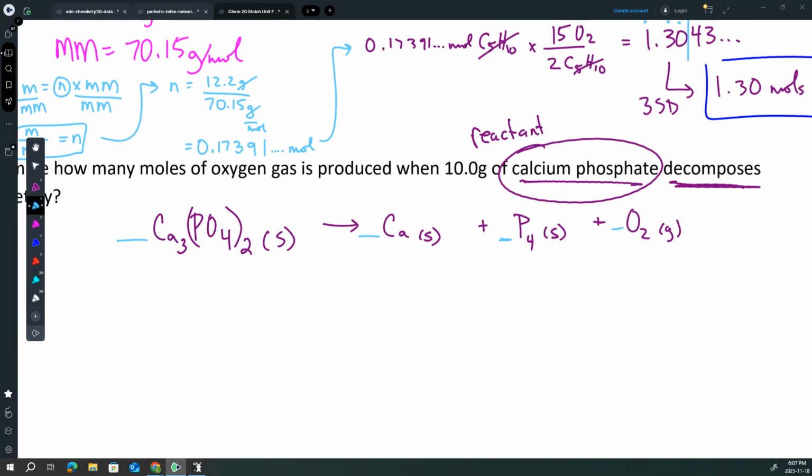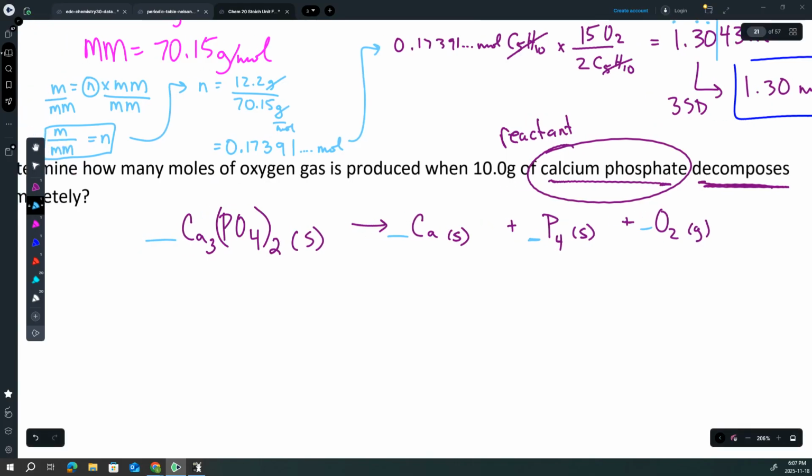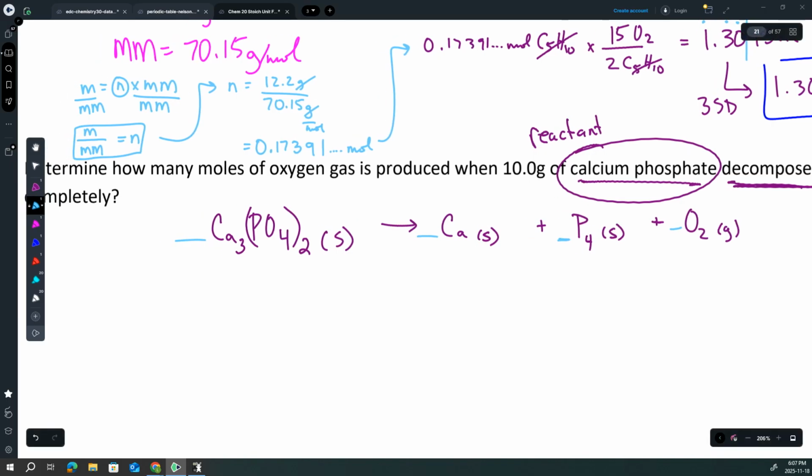Let's balance this. Okay, I'm thinking that perhaps phosphate or oxygen is probably going to be the more tricky one. I'm just going to start with phosphate, with phosphorus. Okay, so looking at the phosphate ion, I got 1 times 2. So this 2 affects everything inside of these brackets.